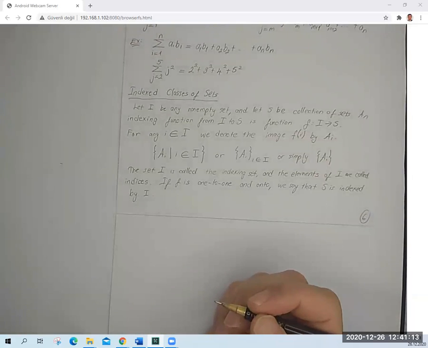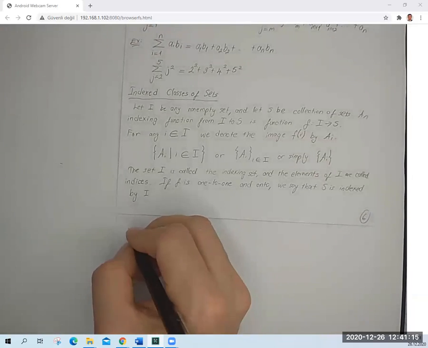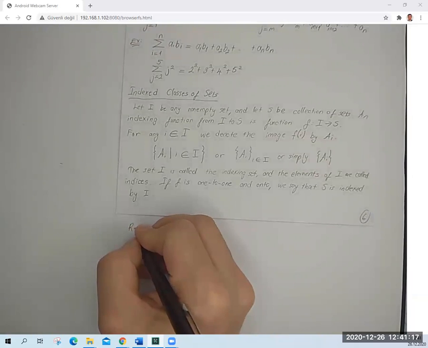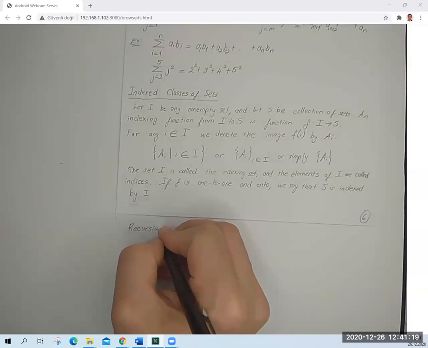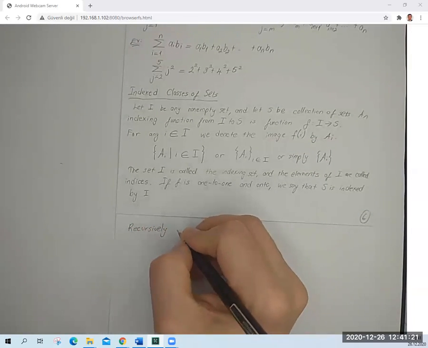Recursively defined function. This is important for our department. Recursively defined functions.